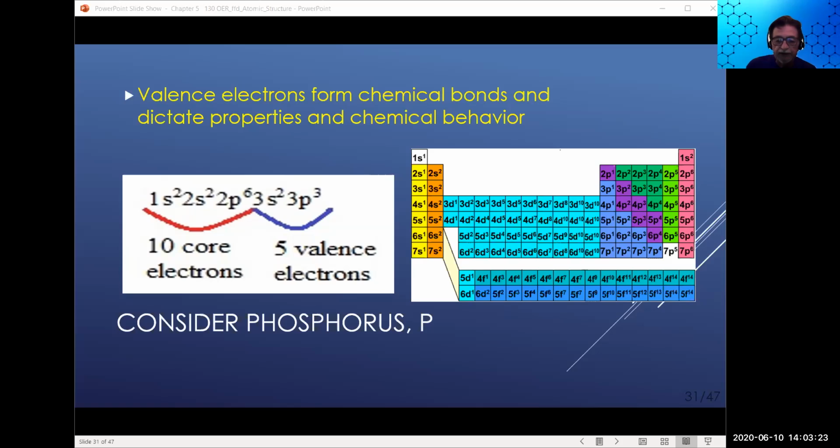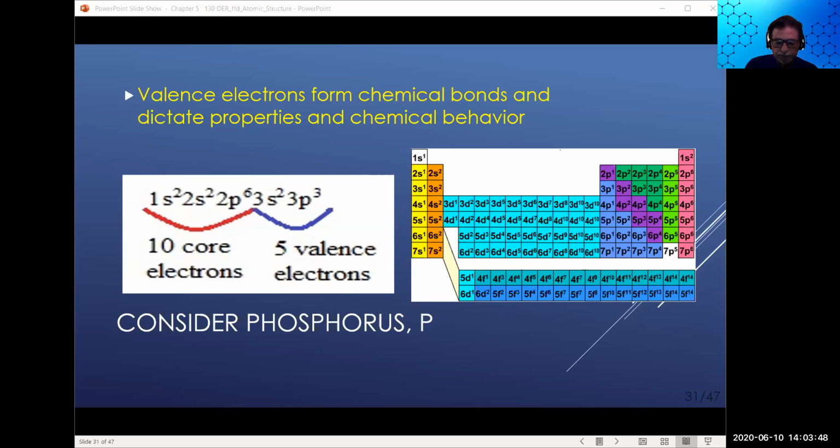The P orbitals, because there are 3 of them, can handle a total of 6 electrons. The D, having 5 of them, can handle a total of 10 electrons. And finally, the F orbitals, with there being 7 of them, can handle a total of 14 electrons.